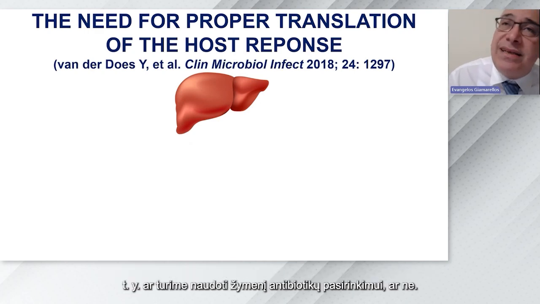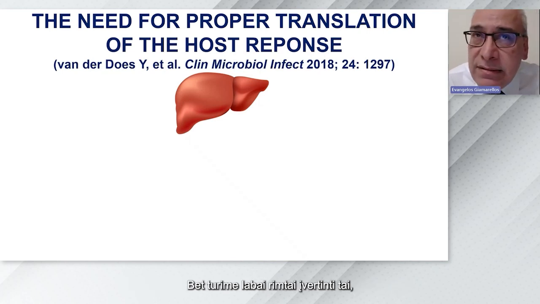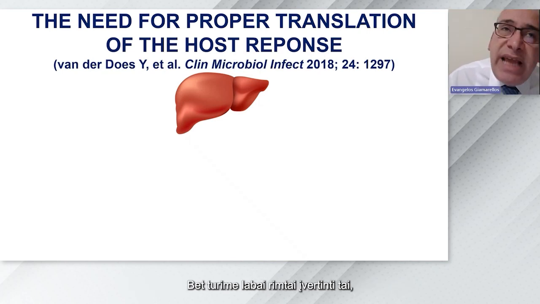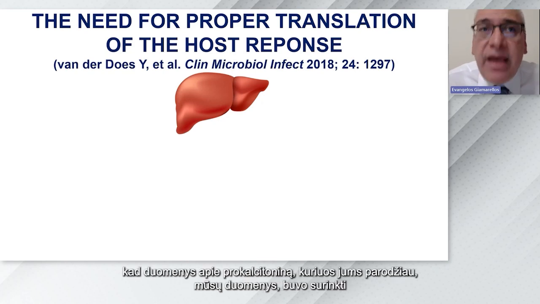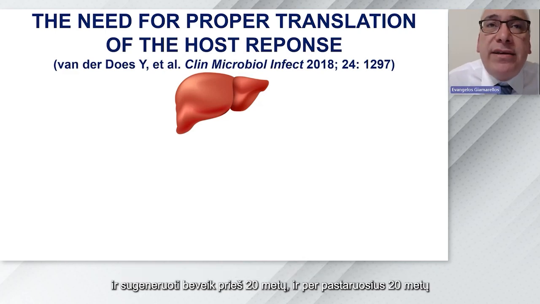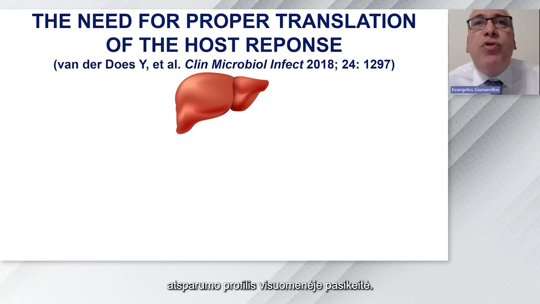to select antibiotics. But we need to take into very serious consideration that the data I showed you for procalcitonin were generated almost 20 years ago, and in the last 20 years, the resistance profile in the community has changed.